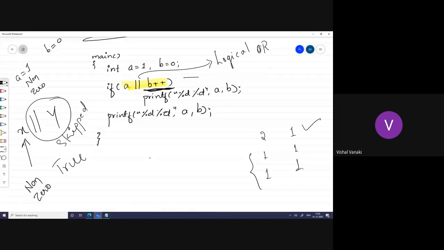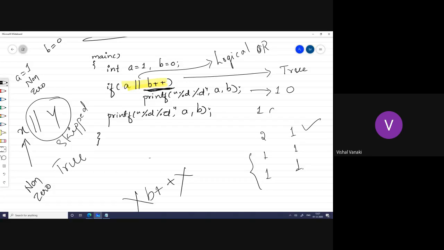So the condition becomes true here, and the rest of the expression gets skipped, meaning B plus plus is not evaluated. That means B value will remain the same. So the output is 1 0 1 0. That is the output of this example.